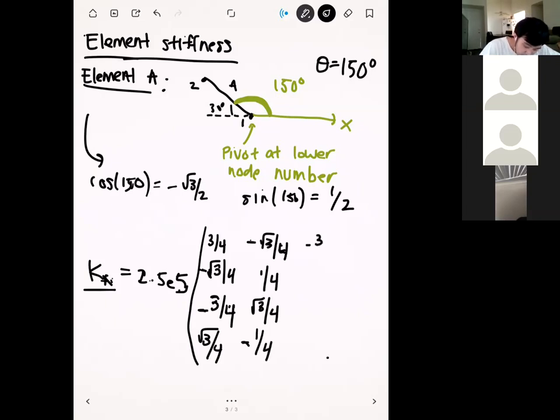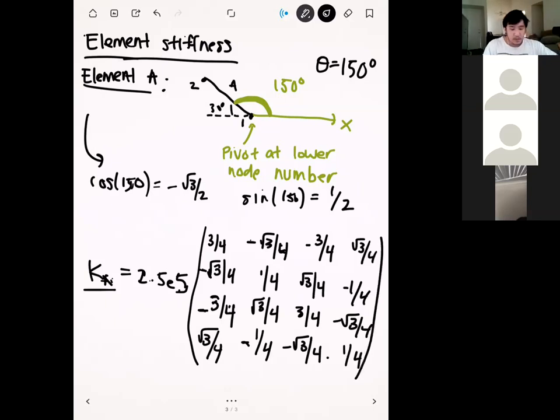Minus 3 over 4, root 3 over 4, 3/4, minus root 3 over 4, root 3 over 4, minus 1/4, minus root 3 over 4, and then 1/4. Okay. So it's a little bit tedious just because we have an angle that's not 0 or not 90. But if you compute all the sines and cosine terms, this is what you get for this guy.